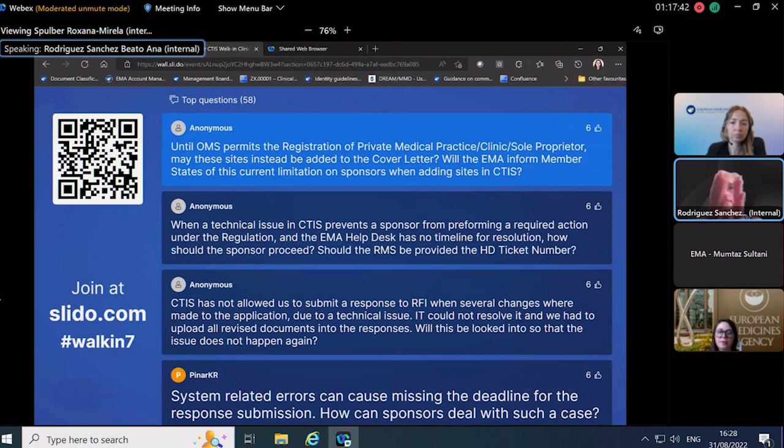I don't think the solution is to put this in the cover letter, because the investigational sites are structured data in the system, and at this moment you still have the option to follow the directive. That's why we have this transition period. In the meantime, we will try to address this as early as possible. Thank you, Anna.